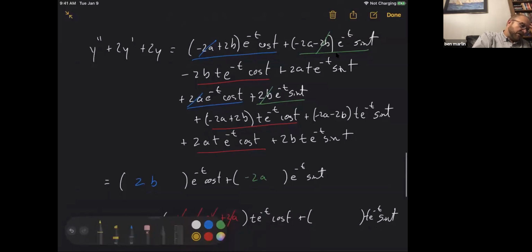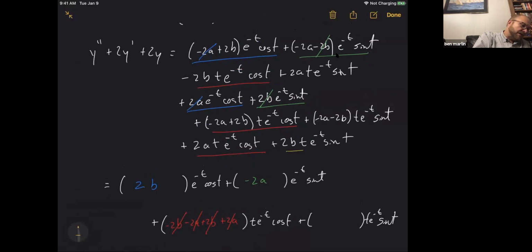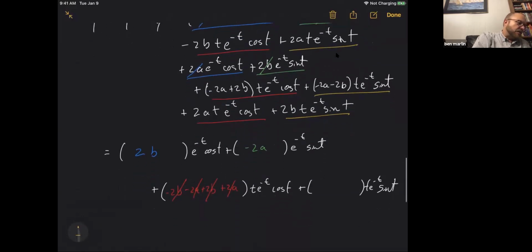So we are finally getting the t e to the minus t sine t, and we can see that that appears here and here and here. And so when we put those together, we have a 2a, a minus 2a minus 2b, and then a plus 2b. And they all cancel out. So that means that we end up with 2b e to the minus t cosine t minus 2a e to the minus t sine t.